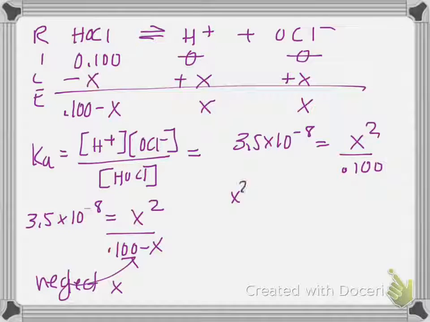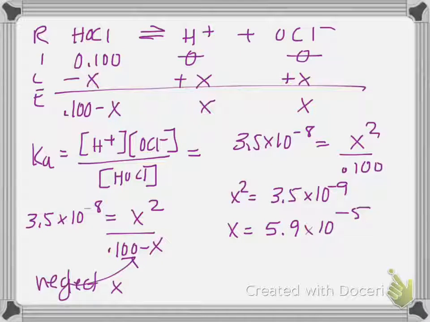So x squared would be 3.5 times 10 to the negative 9. So then I square root it. X is going to be equal to 5.9 times 10 to the negative 5. So that is within the 5% rule.